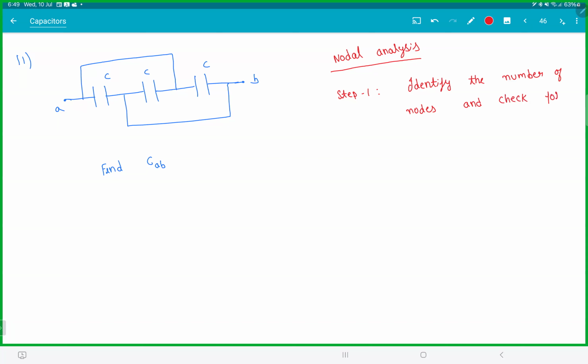Generally, the biggest hint to use this is when you see a lot of conducting wires. That is the biggest hint that you have to use this.